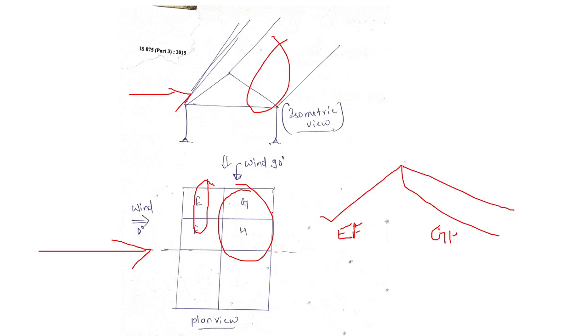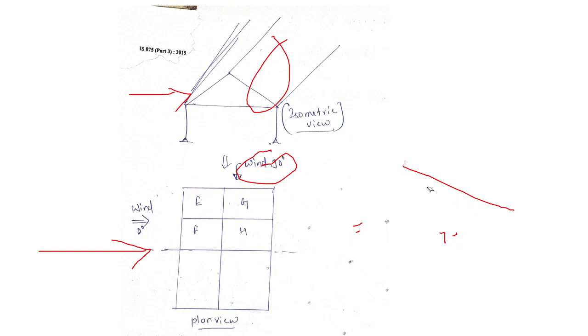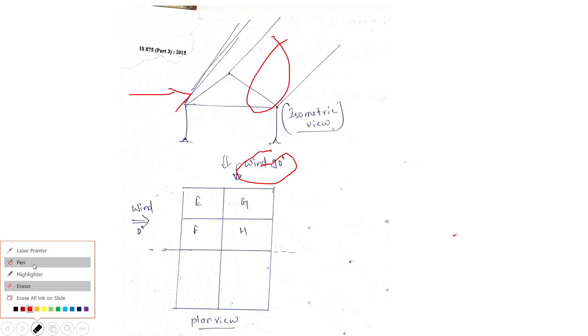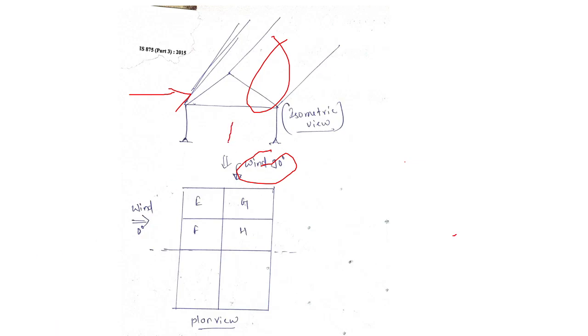So similarly, when we see from 90 degrees, wind is flowing from this direction. So for this, the windward side will be E and G, both common.